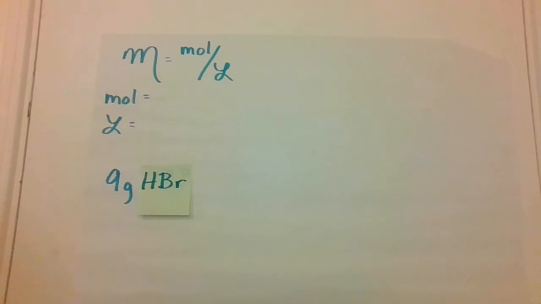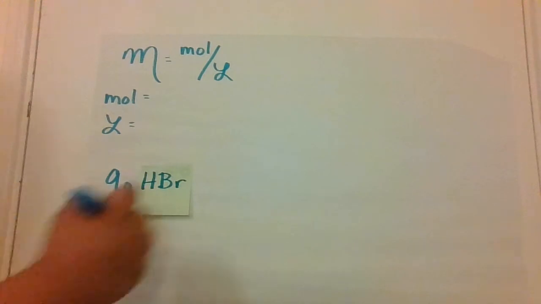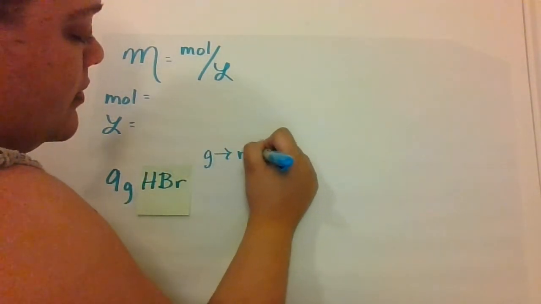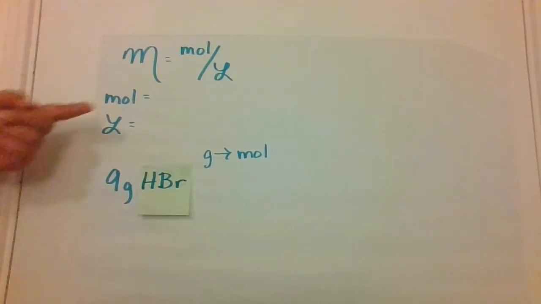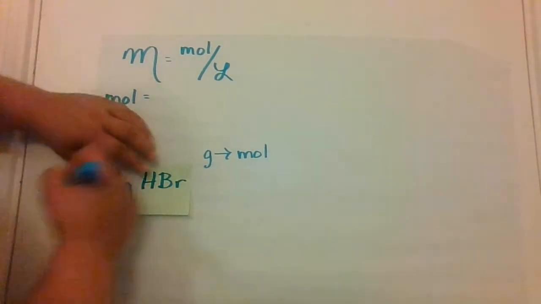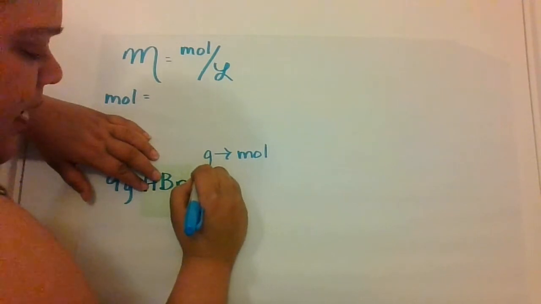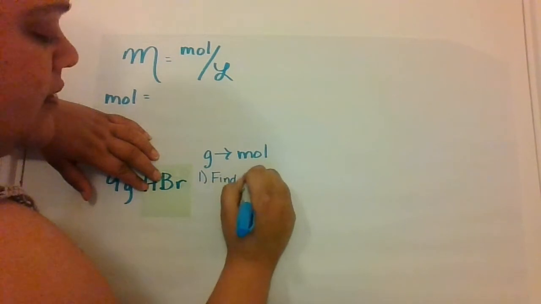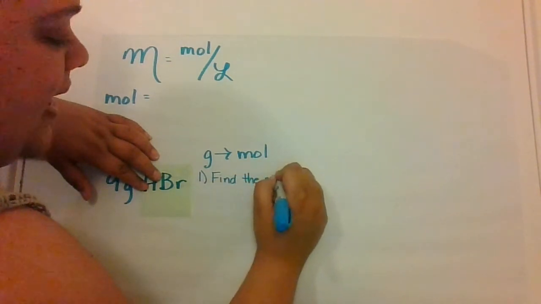I believe we're going to need to do some type of gram to mole problem in order to get the first portion of our equation. And how do we solve grams to moles? Our first step for grams to moles is going to be to find the molar mass.